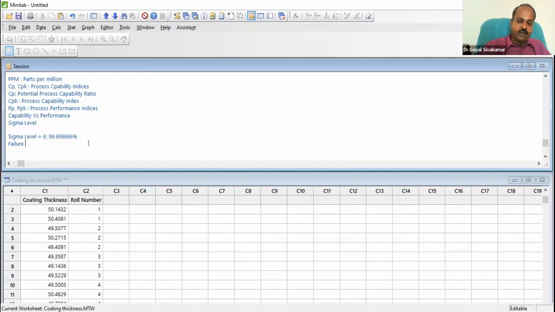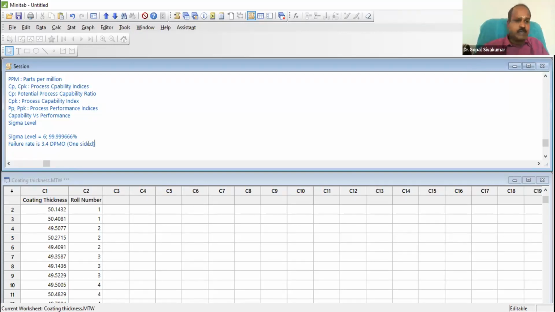3.4 defects per million. Exactly. The failure rate is 3.4 DPMO, provided the tolerance is one-sided. So ultimately, everything is boiling down to the success rate and the failure rate.